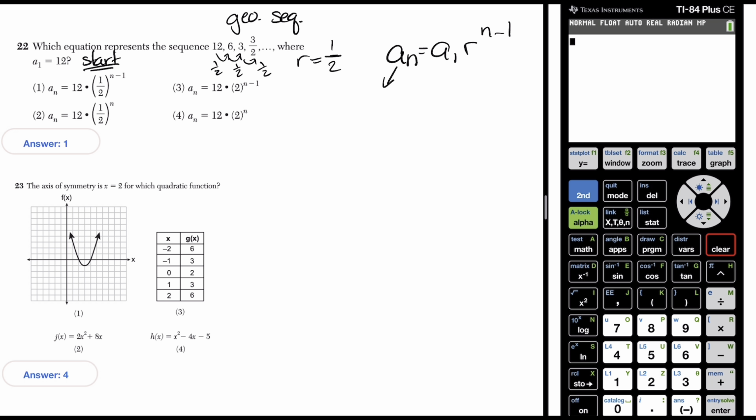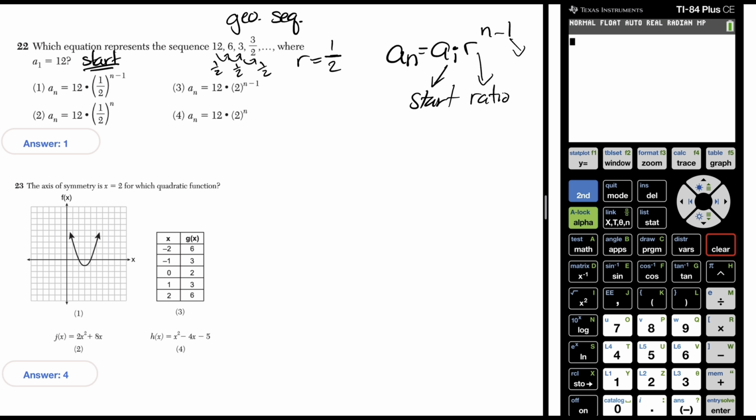So let's break down what this means. A sub n is just telling us any number. If I want any number in there, like the 5th, you're going to take your start and multiply it by the ratio, and then you're going to get the number you want.